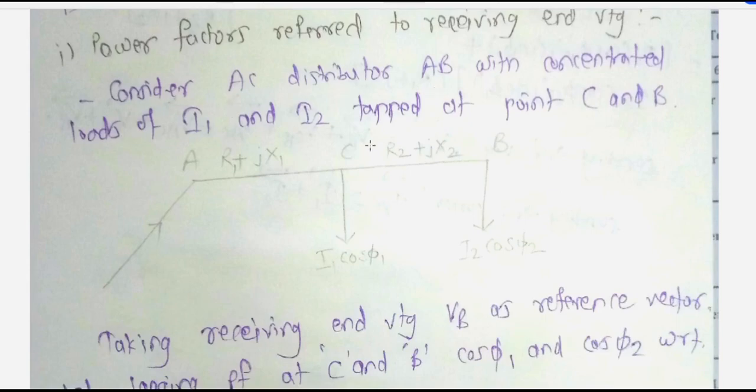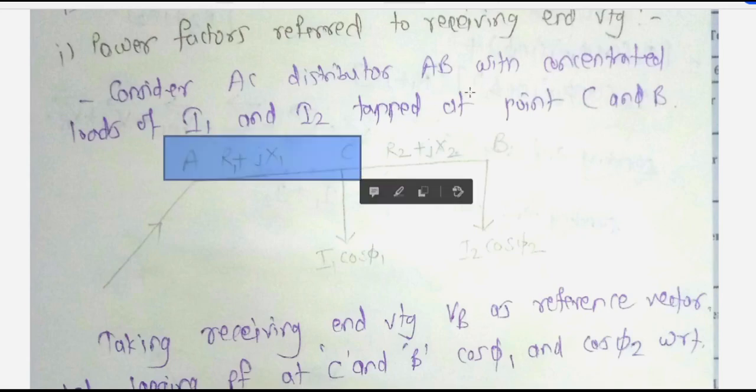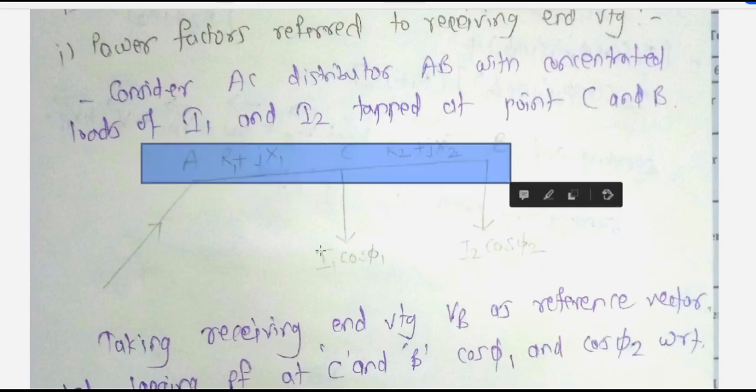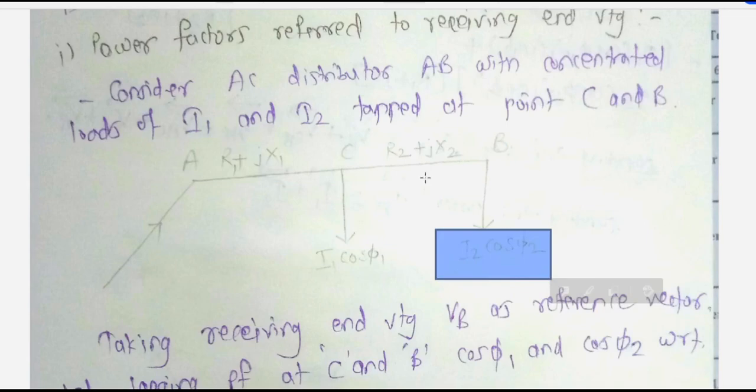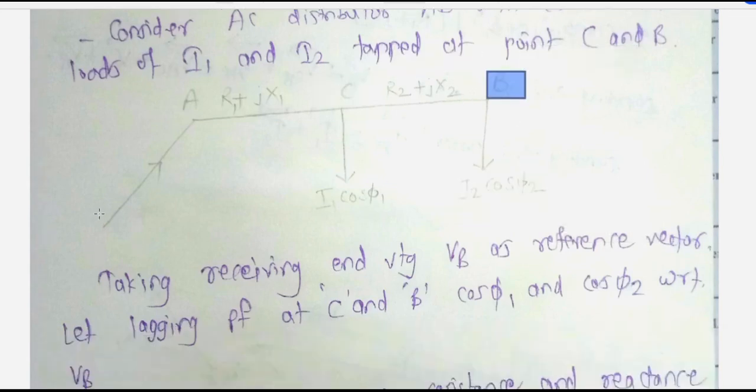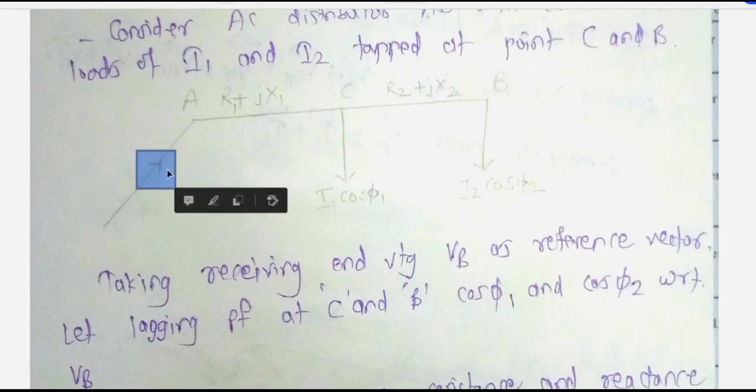Consider the AC distributor, which we are going to name AB, with concentrated loads of I1 and I2 tapped at points C and B. The direction of the current is from here to here, this is I1, and from here to here, this is I2.